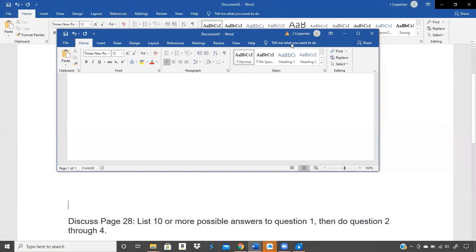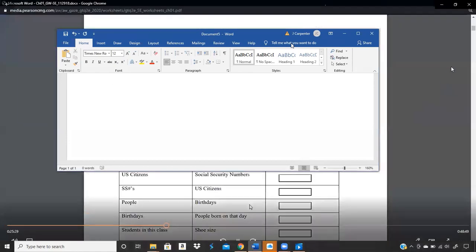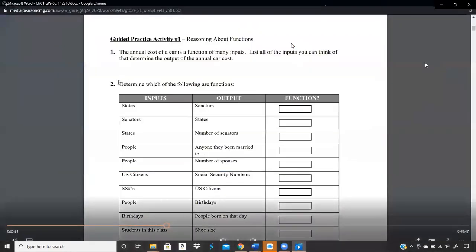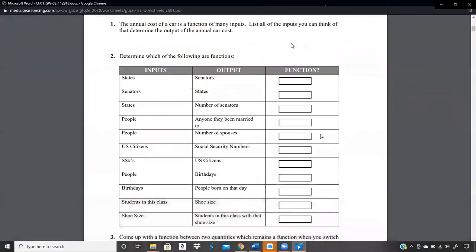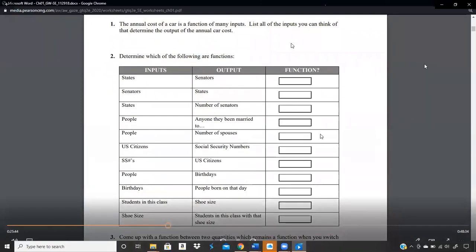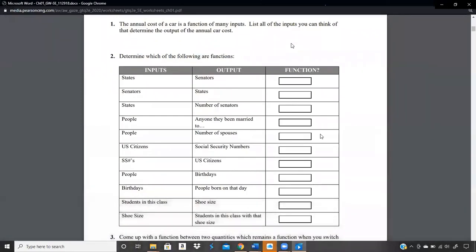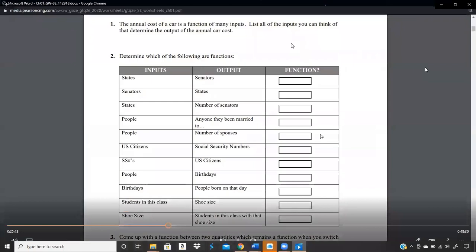So then you'll do questions 2 through 4. What are questions 2 through 4? Determine which of the following are functions. There's a whole bunch of these. And I already mentioned that you kind of got some answers somewhere. Now, if you just say the answer, that's okay, but you could give some logic and reasoning to this if you would like. So these are just yes or no answers.